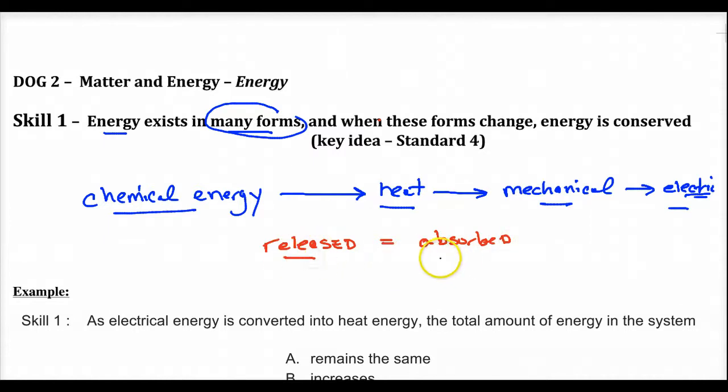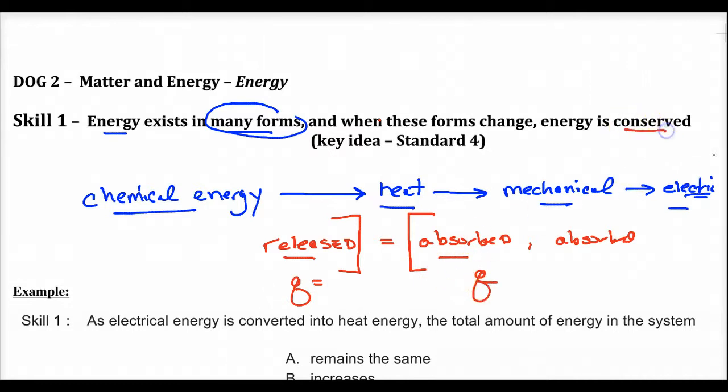Now, in truth, it's also absorbed by other things, the air, the glass, the thermometer, but generally speaking, if we measure all the energy released and all the things that absorb it, this Q, or joules, would be the same as this Q, because energy is neither created nor destroyed, it is conserved.